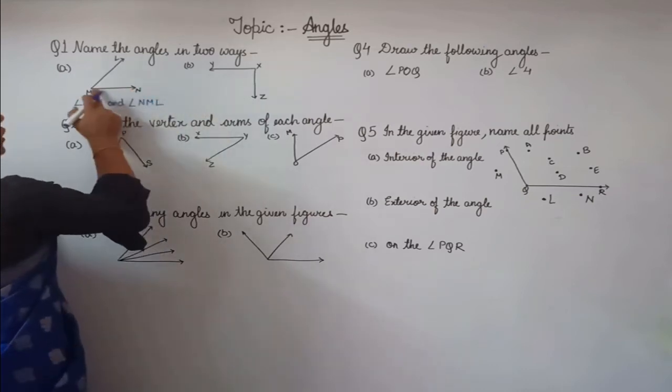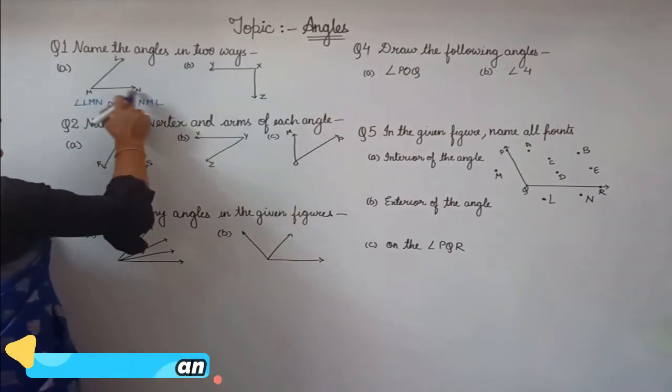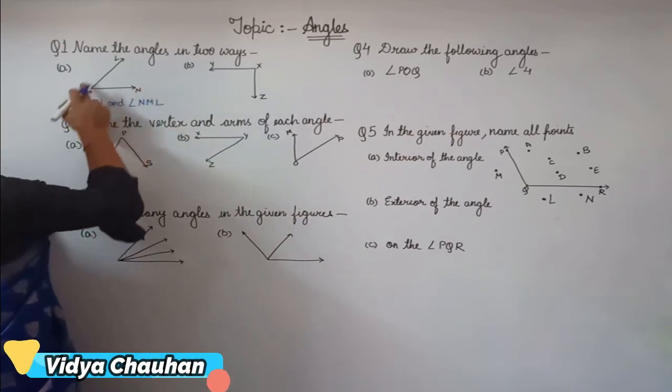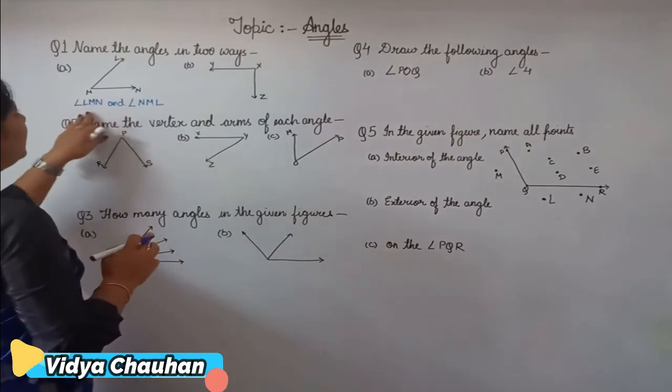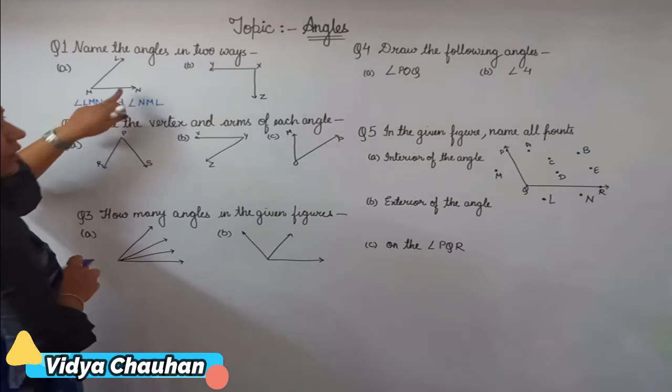You always have to go in a sequence. If you are starting with L, then LMN, or if you are starting from this endpoint, NML. Okay, students? So these are the two different names of the given angle in the figure.